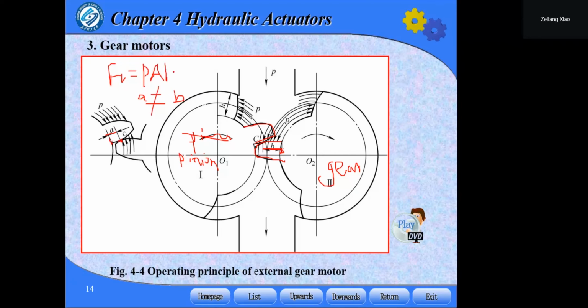This width, P, and A1 equals this one, and then check A2.